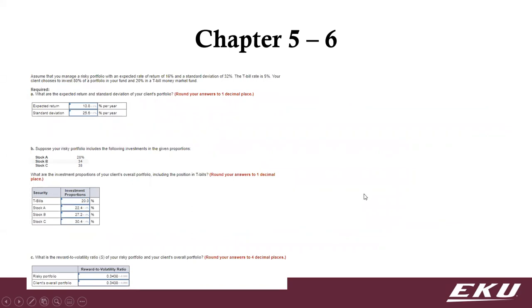This one is also having a risky portfolio with a T-bill rate. That's our risk-free rate again. But we're putting some of our money into that risky portfolio, and then some of it in the T-bill fund.